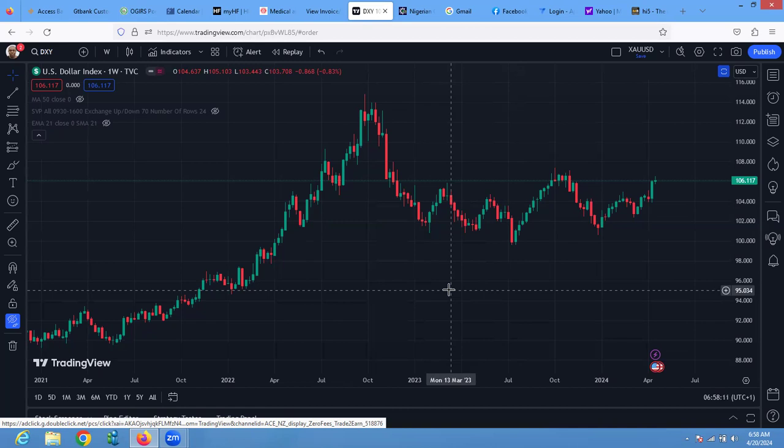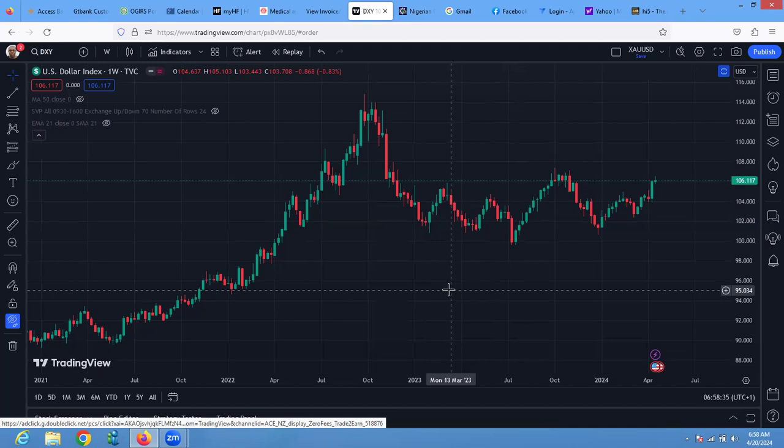The corrective waves are 2 and 4 in that sequence of a motive wave. But of course, largely, we know what we call an ABC format in a corrective wave or a WXY, a double correction, and all of that, which I don't want to go into.